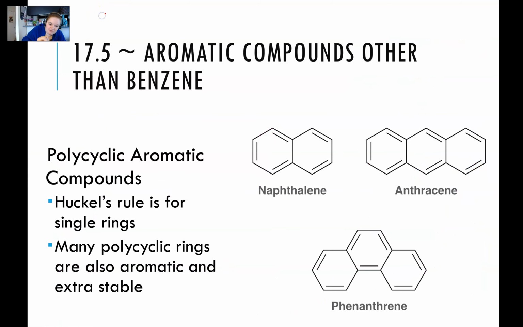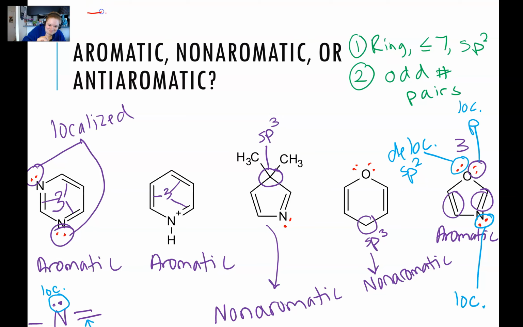So for nitrogen, if we have a double bond, then those electrons are going to be delocalized. If we have a nitrogen that has all single bonds and a lone pair, then that lone pair can be, I'm sorry, I labeled that first one backwards. Let's try this again. That first lone pair is localized. The second lone pair is delocalized.